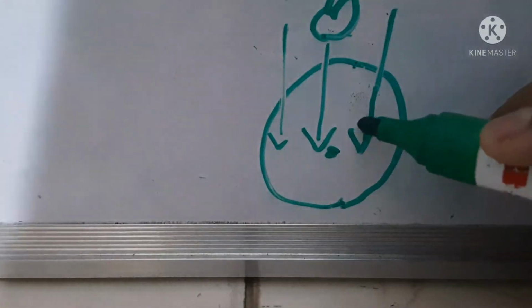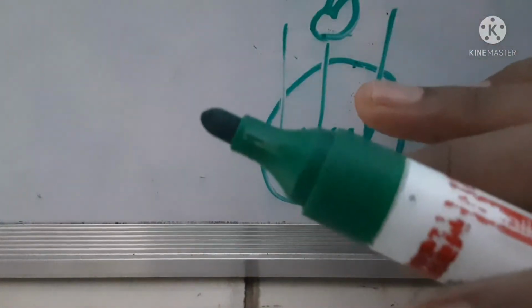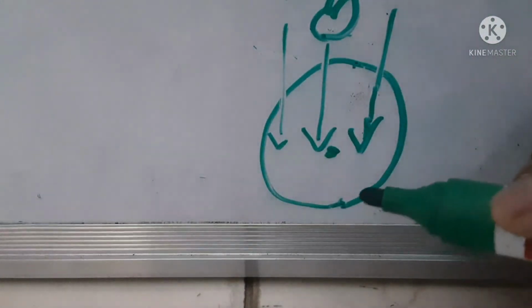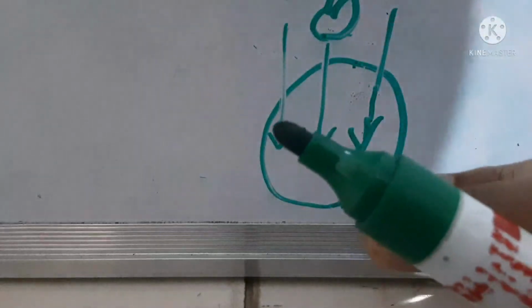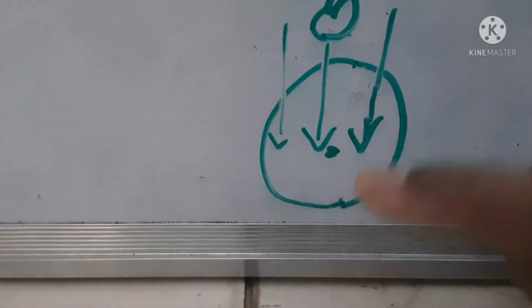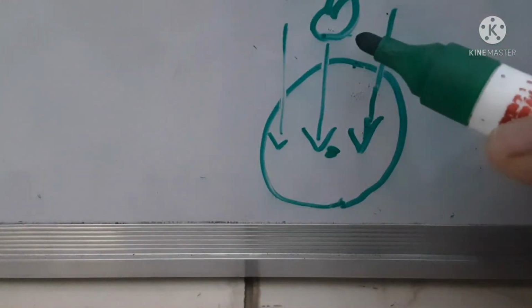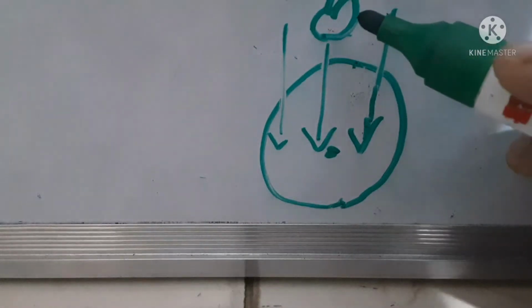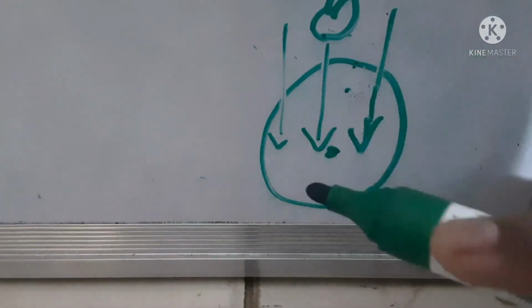But here, as we are seeing it, the earth will apply some force on the apple and the apple will move down. But as we know from Newton's third law, as the earth applies a gravitational force that attracts the apple down, the apple is also going to apply the same amount of force in the opposite direction on the earth.